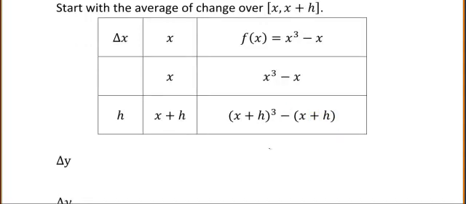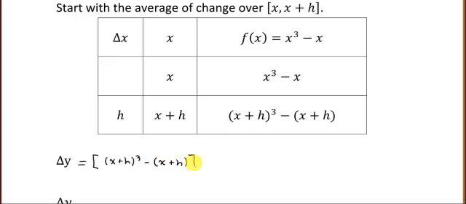All right, now we know that the change in x is x plus h minus x, which is h. We've seen that before. The change in y is the difference in the function values. In this case, it's the quantity x plus h to the third power minus the quantity x plus h.